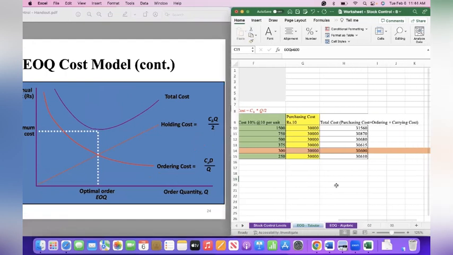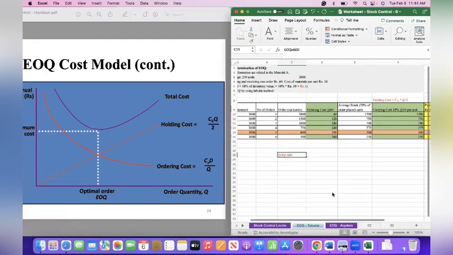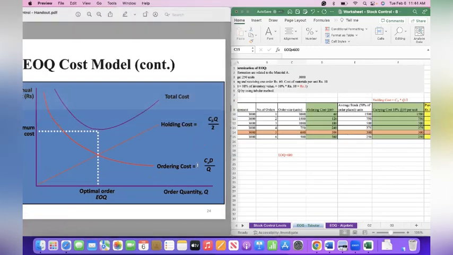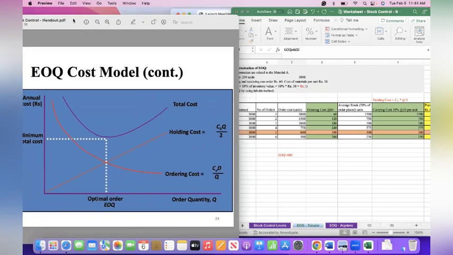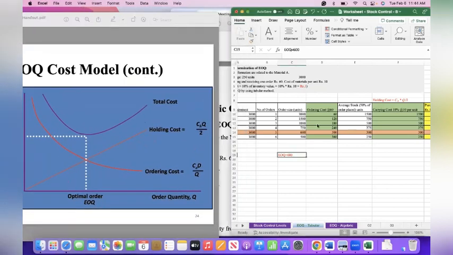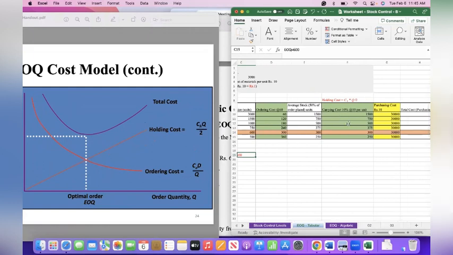Now here, we have ordering costs 60, 120, likewise. You just have to mark these in different levels. Then we have holding cost 1500, 750, likewise. If you mark these values, it will go up like this.